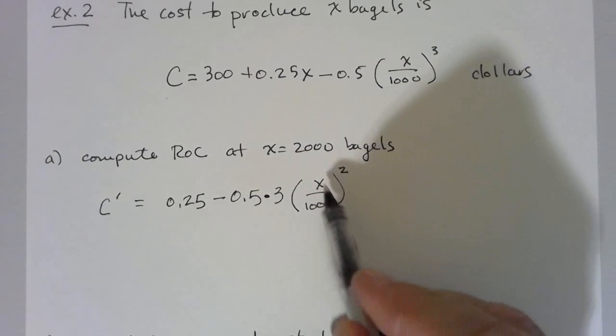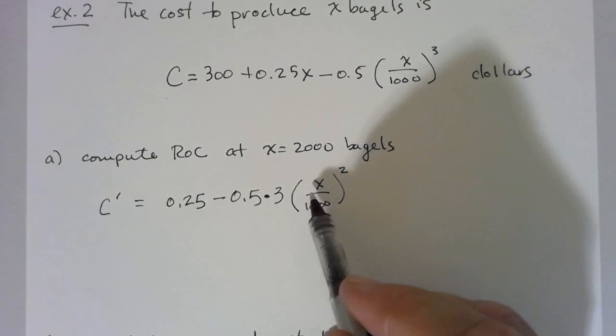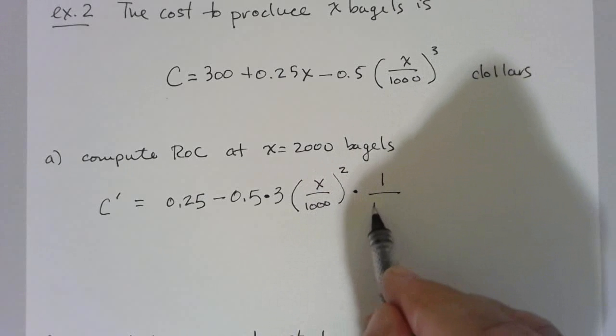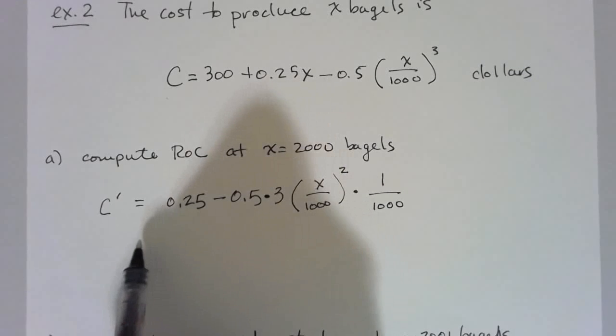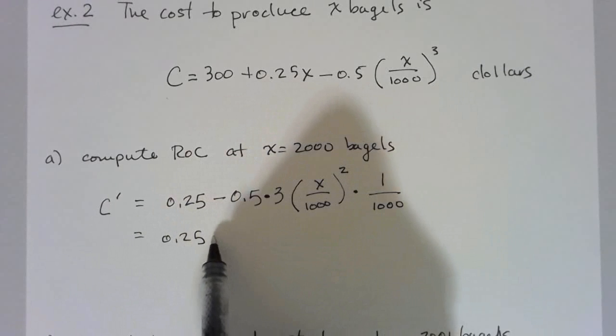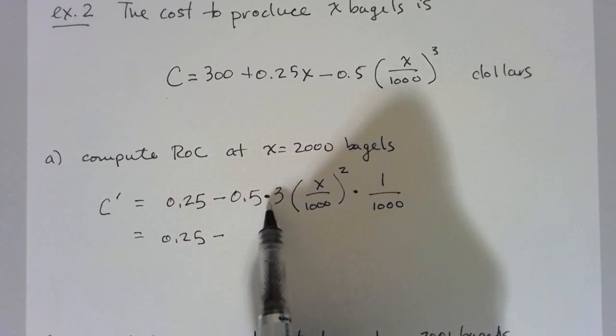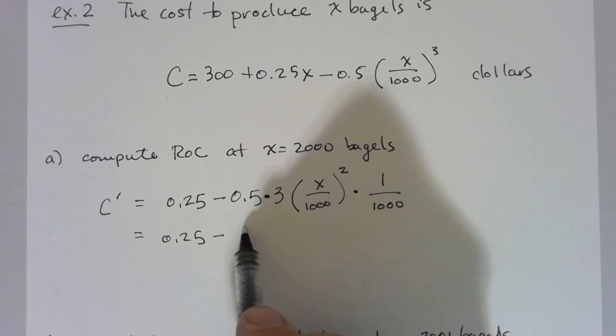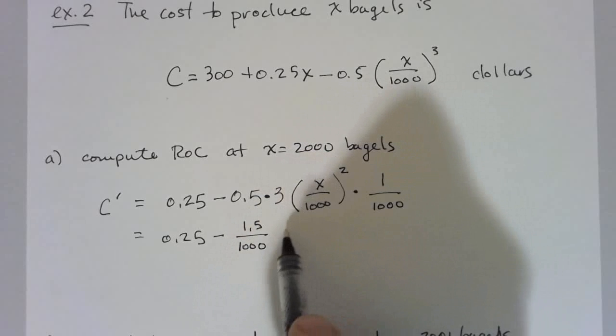And then I have to use the chain rule because inside here wasn't just an x. I have to multiply by the derivative of the inside, which is 1 over 1,000. And so if I simplify this, I get 0.25 minus 1.5 over 1,000, times (x over 1,000) squared. Since my ability to do mental arithmetic appears to be impaired today.